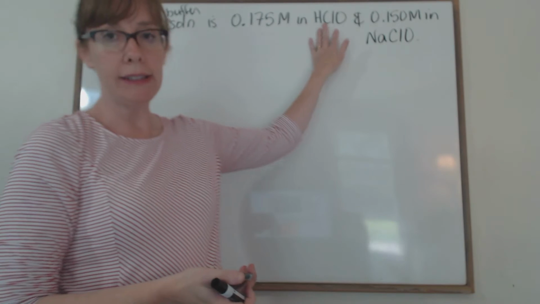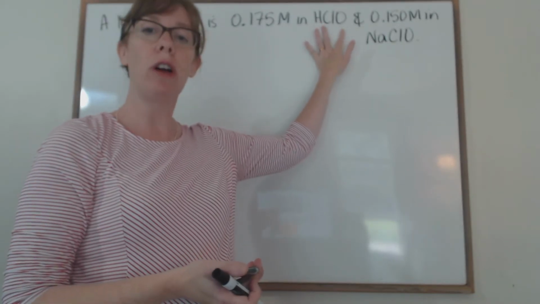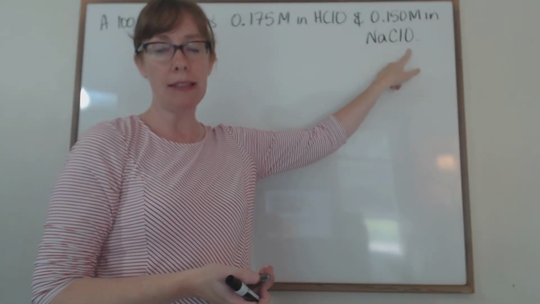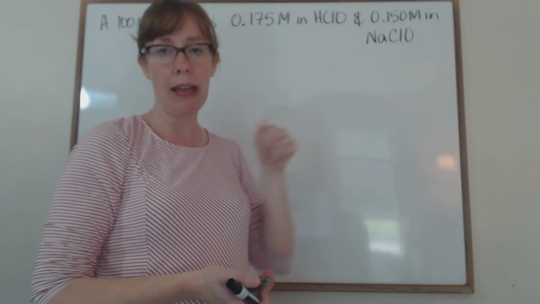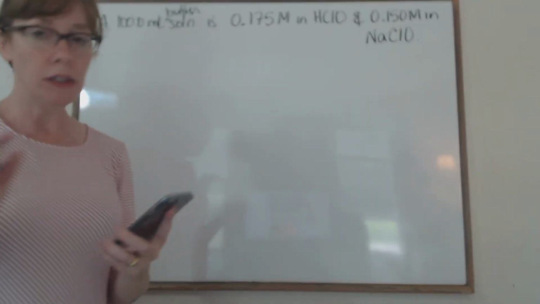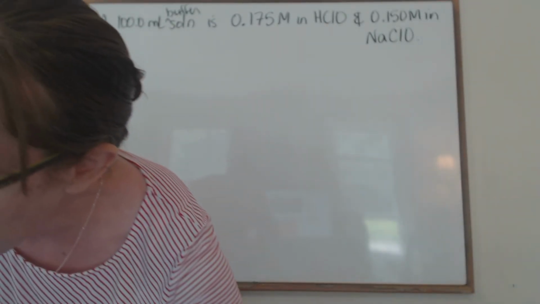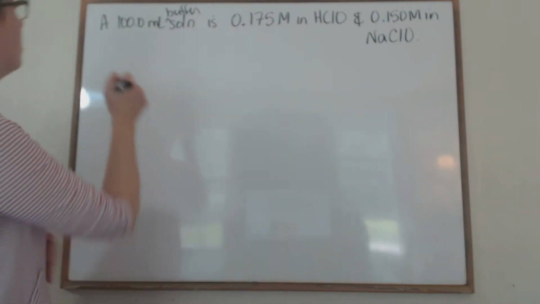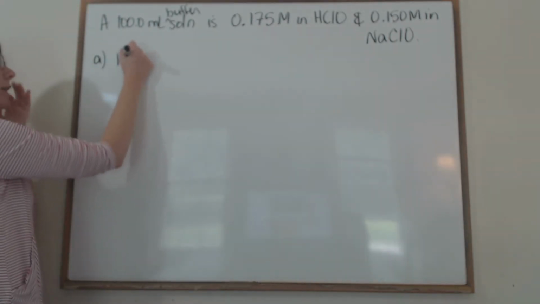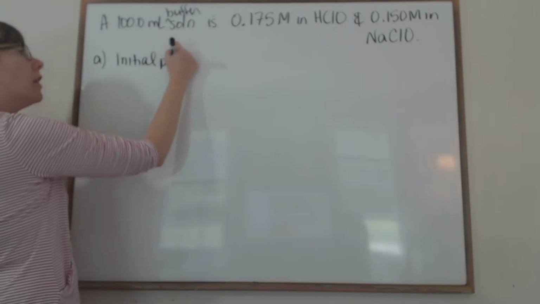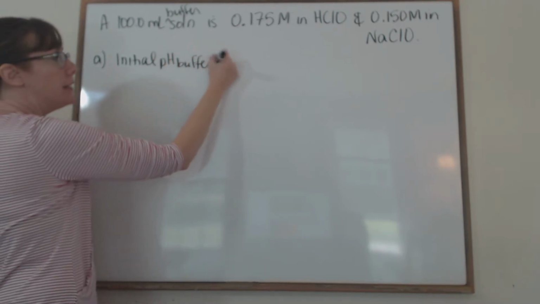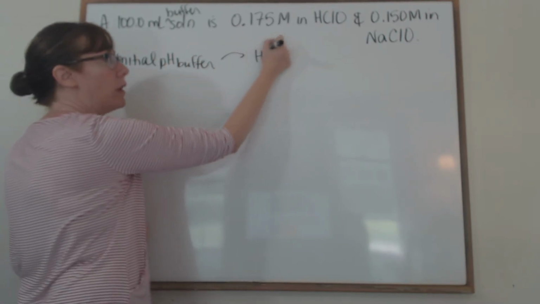It's got a weak acid, because that's not on our strong acid list, and its conjugate base. See how it's embedded in the salt with the counter ion sodium? Okay, so that's that. And then it says, what is the initial pH? So part A is just what is the pH of the buffer? That is the Henderson-Hasselbalch equation.